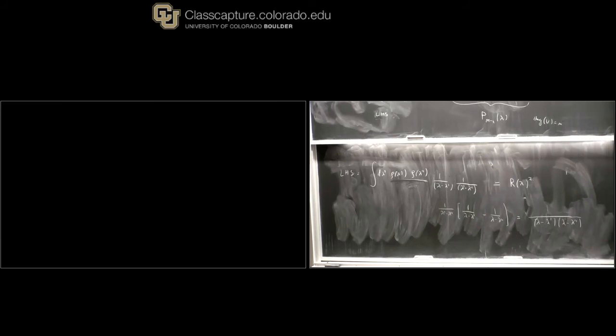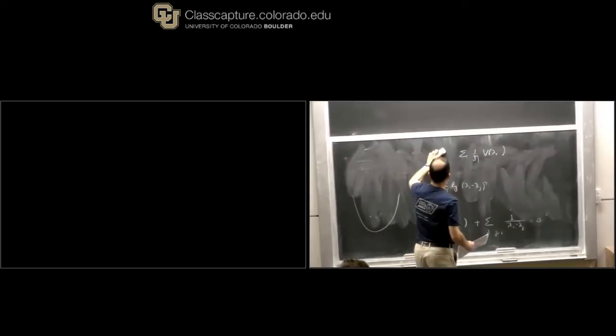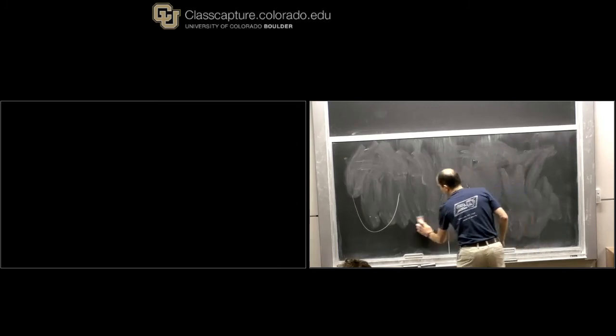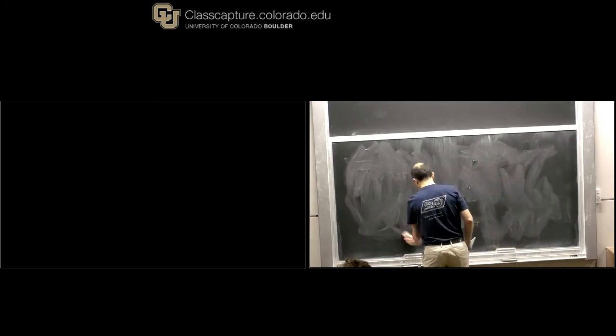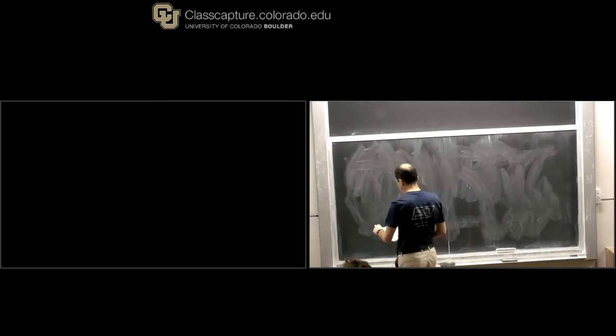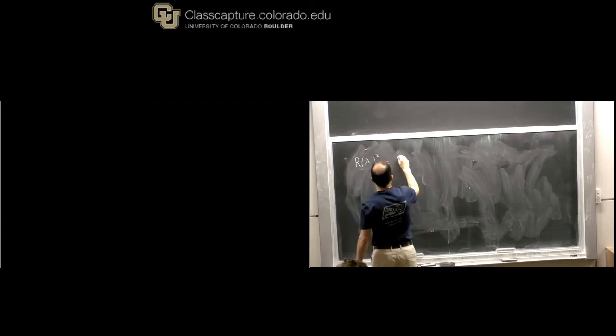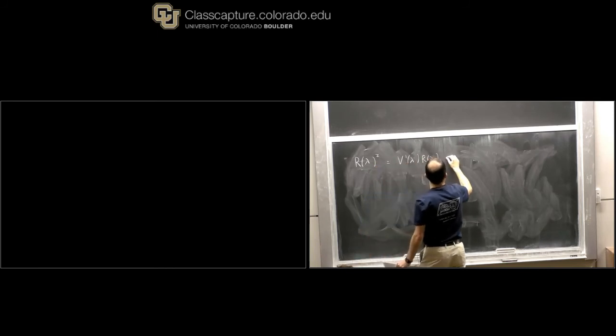We have now an algebraic equation for R of lambda. What's the equation? The left-hand side gave us R of lambda squared, and the right-hand side has given us v prime of lambda times R of lambda, plus some polynomial of lambda.